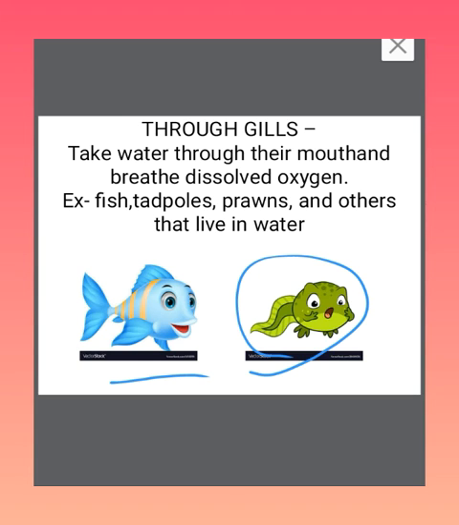So these fish and tadpoles do not have lungs, children. Instead of lungs, they have gills. They take in water through their mouth. As the water passes over the gills, the dissolved oxygen is taken in and carbon dioxide is given out.